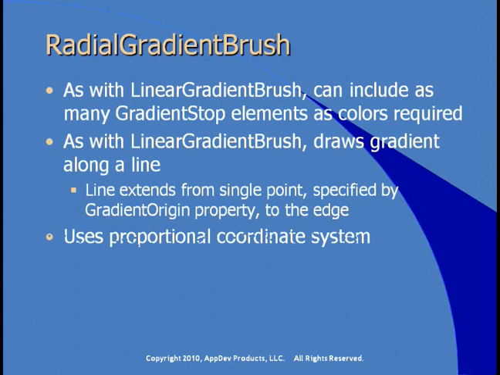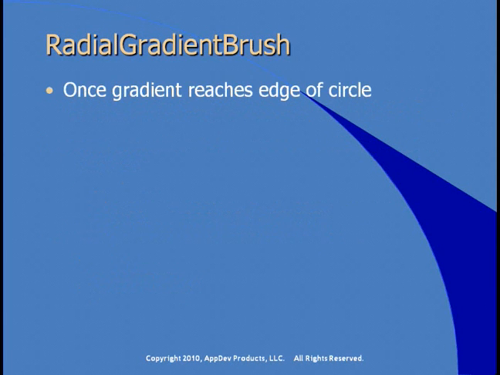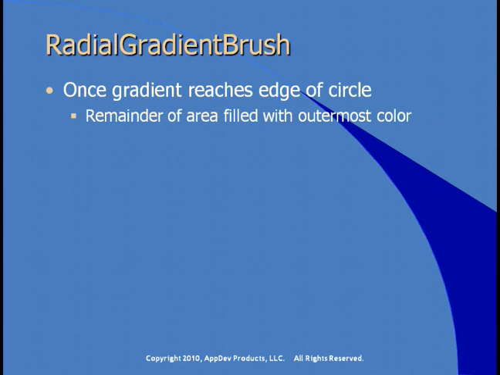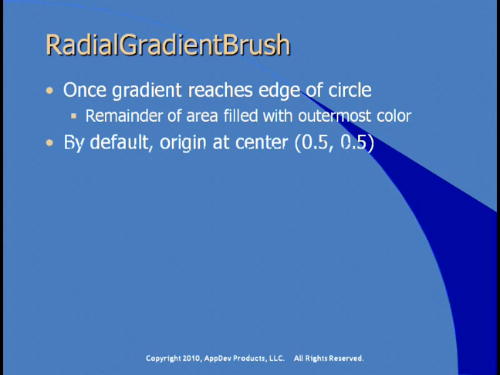And just like the linear gradient brush, this uses a proportional coordinate system, where 0, 0 is the upper left-hand corner and 1, 1 is the lower right-hand corner of your container. Once the radial gradient brush reaches the edge of the circle, the remainder of the area is filled in with the outermost color. By default, the origin is at the center, 0.5, 0.5.